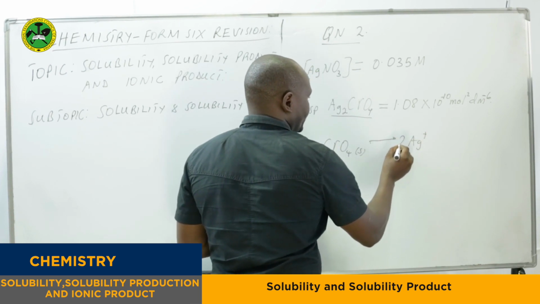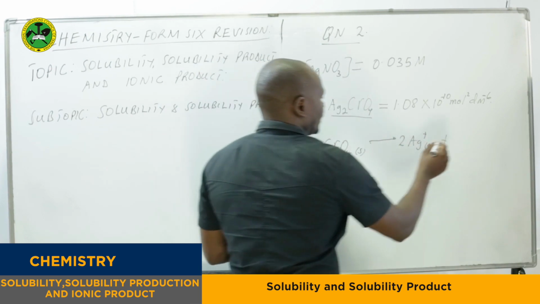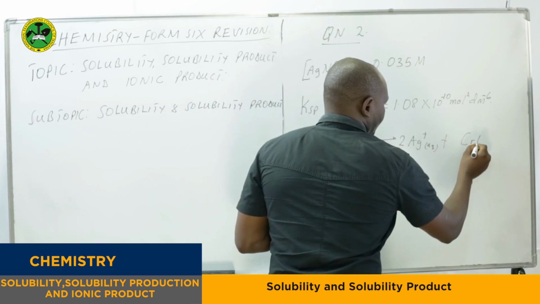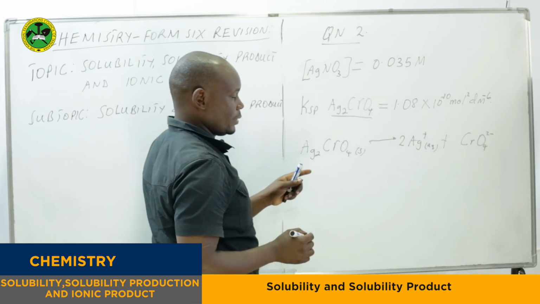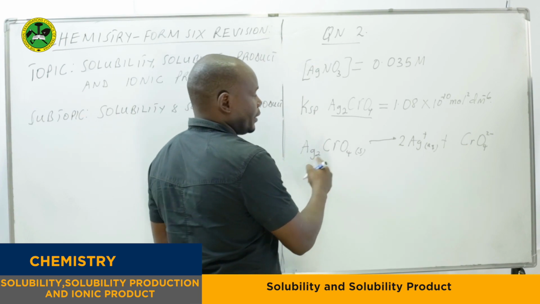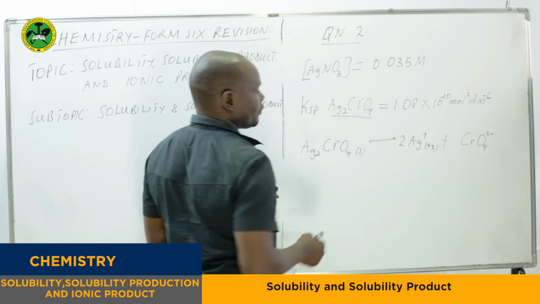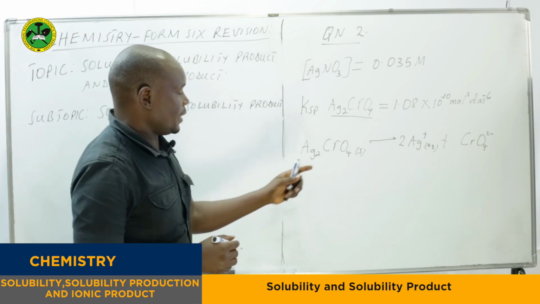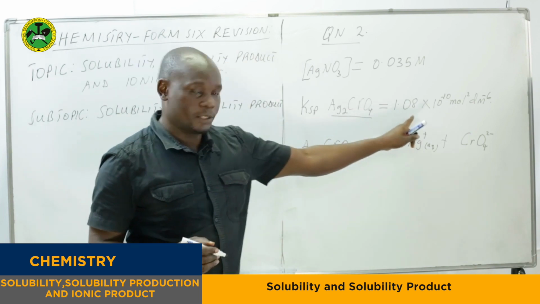To balance, it must be 2 silver ions aqueous, plus chromate, which has a charge of negative 2. Now it is balanced. Here we have 2 and there we have 2.